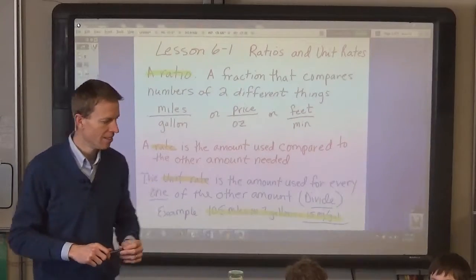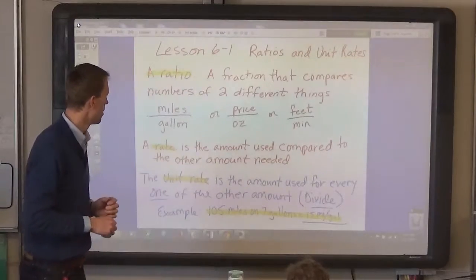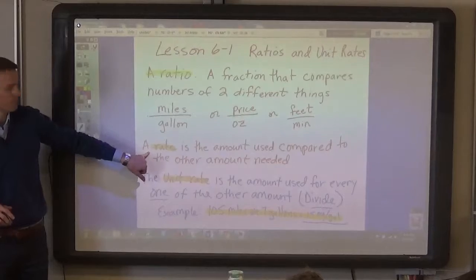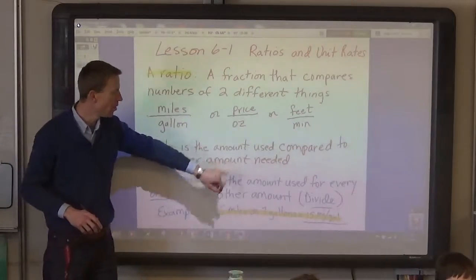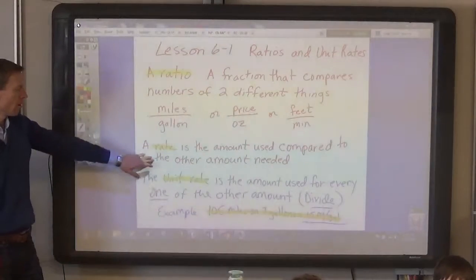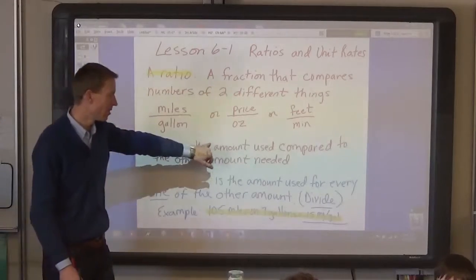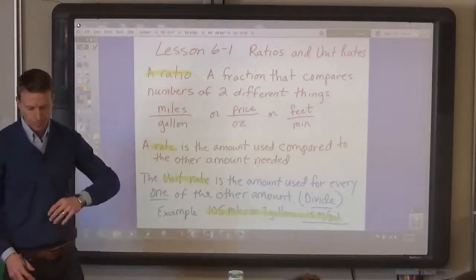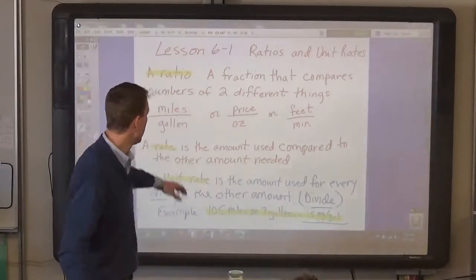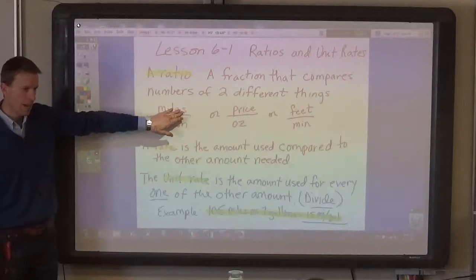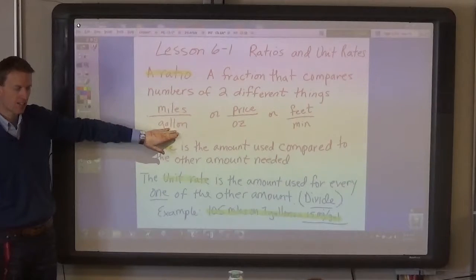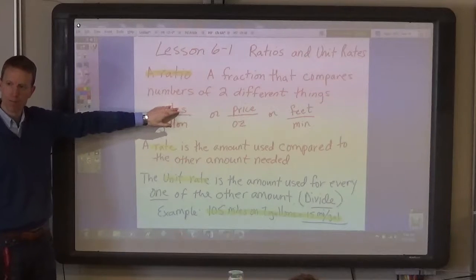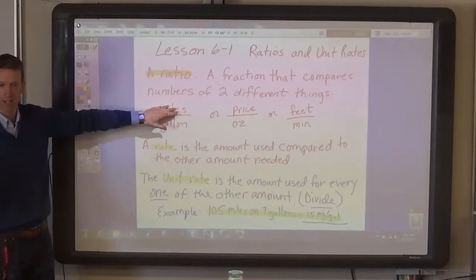Okay. Now, the rate that you're finding, the rate is the amount used compared to the other amount needed. So, in other words, if you were traveling and you wanted to know how many gallons of gas you would take to get a certain distance, you would have to find the number of miles you can travel on a gallon of gas.